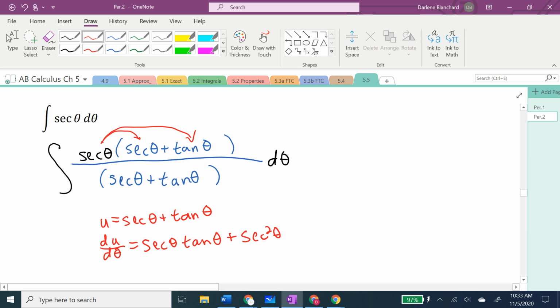Bam! The numerator is the derivative. So I'm going to quickly say that this turns into the integral of 1 over u du, which integrates to the natural log of the absolute value of secant theta plus tangent theta.